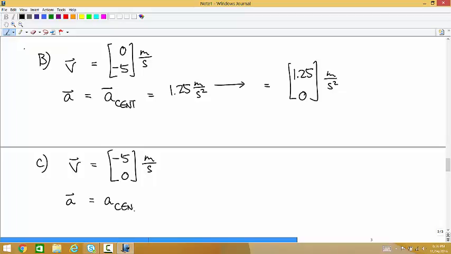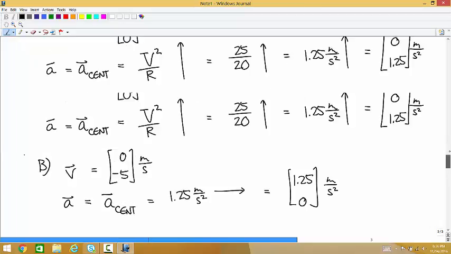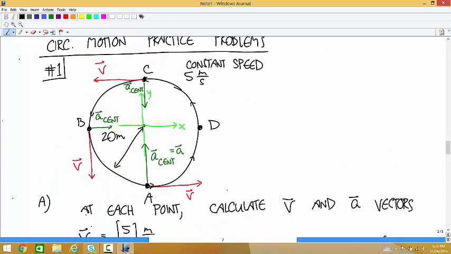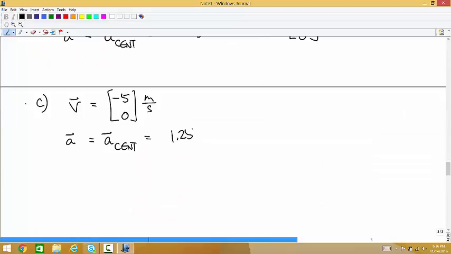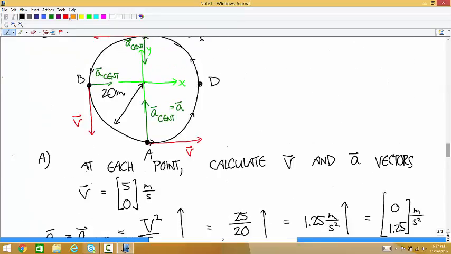And the acceleration is in the negative y direction. So that's 1.25 meters per second squared that way, or 0, negative 1.25. And then the last one at D, the velocity is this way. The centripetal acceleration is this way.